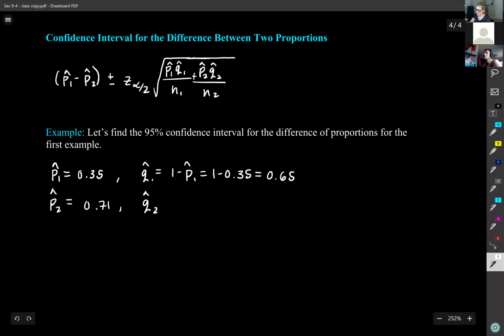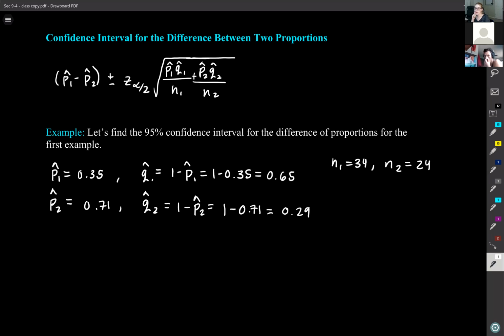And doing the same thing, Q2 hat is 1 minus 0.71, which is 0.29. And just a reminder, we had N1 equal to 34 and N2 equal to 24.